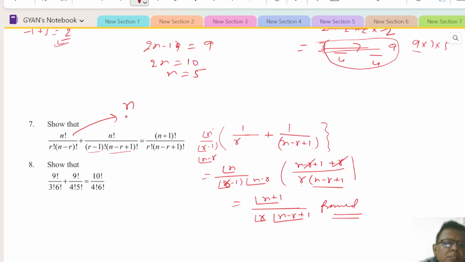Here you see this is called nCr and this is called nC(n minus r), and here you can write n minus r minus 1.